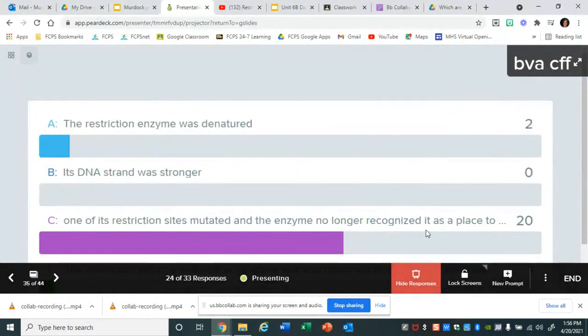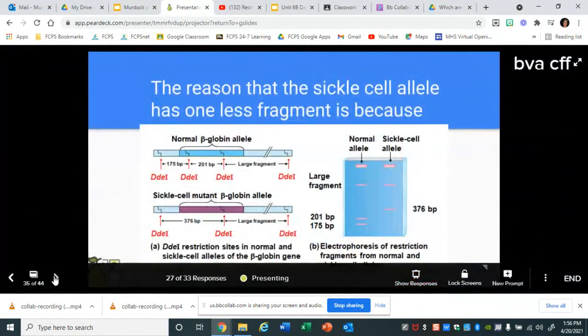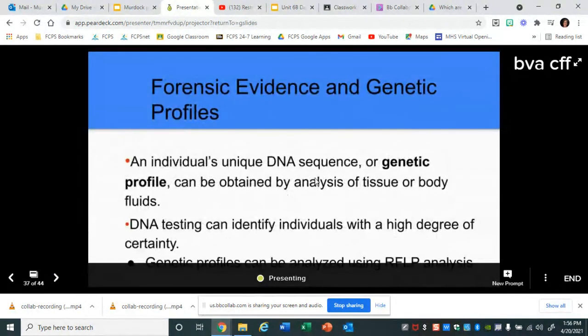Because one of its restriction sites mutated and the enzyme no longer recognizes it as a place to cut. The restriction site that should be here got mutated. And if you change the DNA sequence, you change the ability of the enzyme to recognize it as a restriction site. Good.